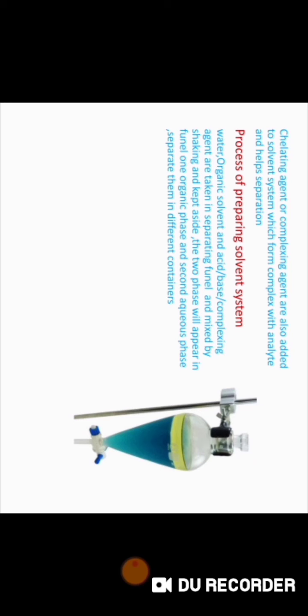Now, the process of preparing the solvent system. How is this solvent system prepared? We are going to have water, organic solvent, and third, we may have an acid or base or complexing agent. We'll take these three things in a separating funnel, shake them, and allow them to stand.